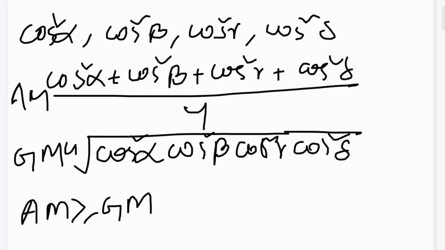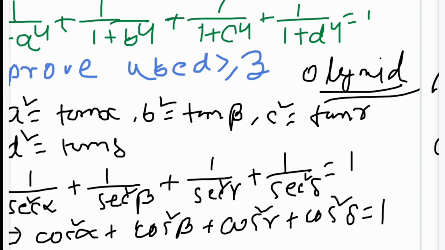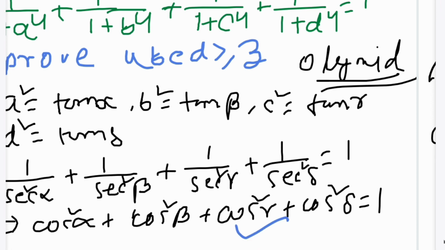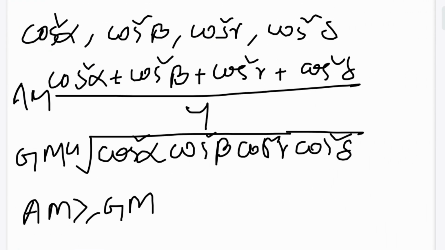And guys, notice one thing here. The value of cos square alpha plus cos square beta plus cos square gamma plus cos square delta is equal to 1, right? So we can put the value of it, that is 1 over 4. So the AM becomes 1 over 4.